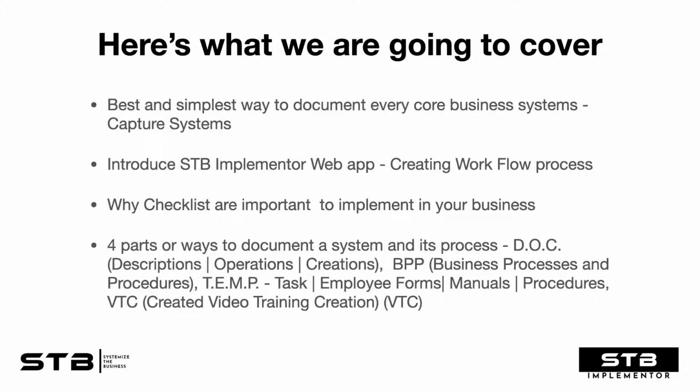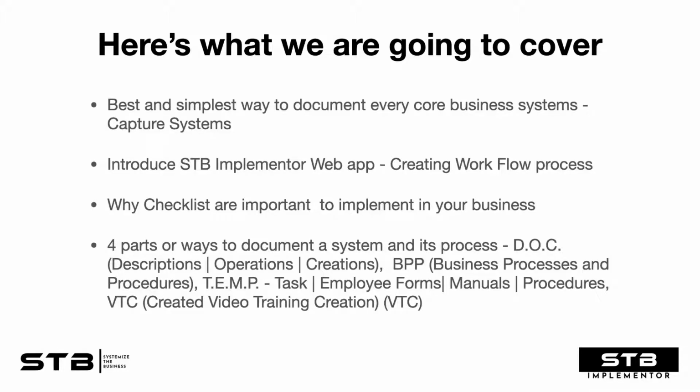Checklists are the most effective way to really work your systems, because you can't trust your memory, and writing it down and following a checklist is going to be the simplest way to make sure that you're executing correctly and efficiently.